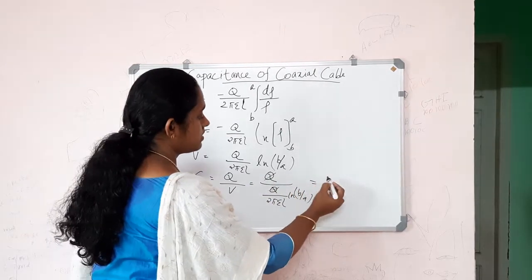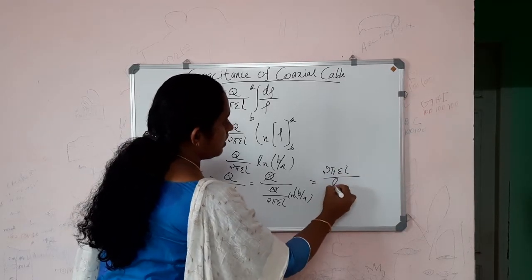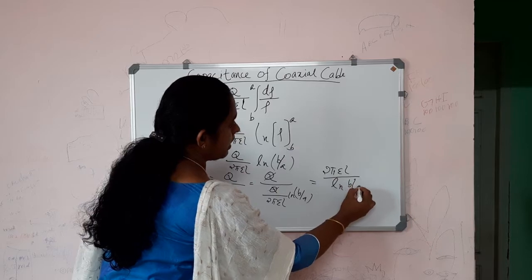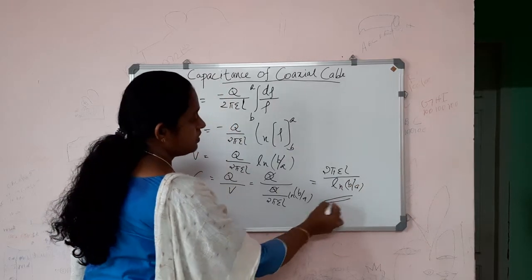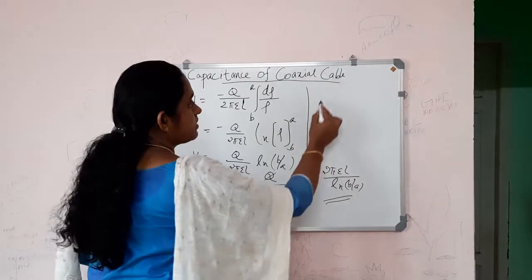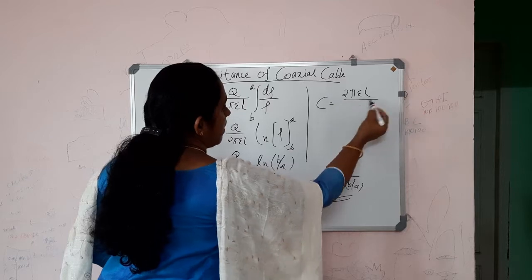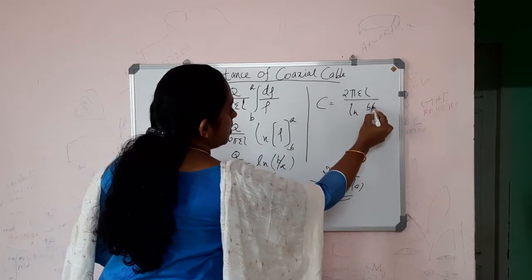So the remaining is 2 pi epsilon L by log B by A. So the final answer is, the capacitance of the coaxial cable is C equal to 2 pi epsilon L by log B by A.